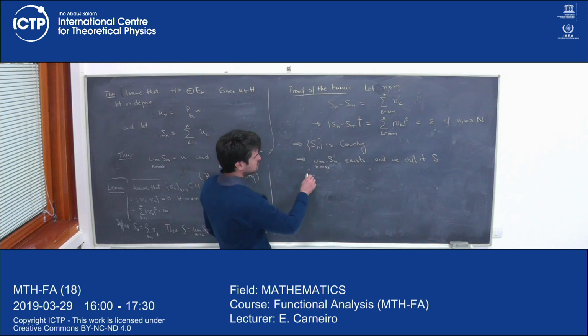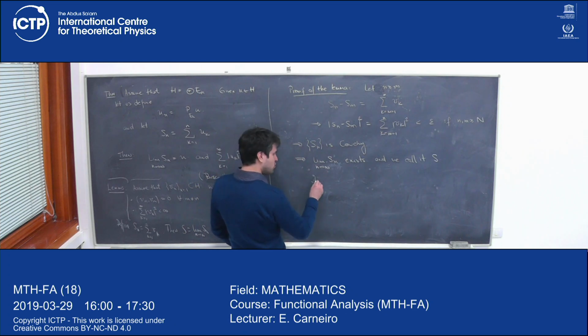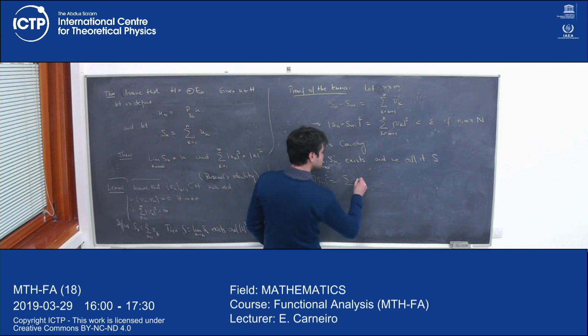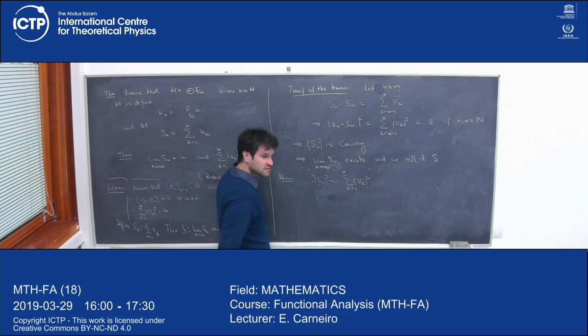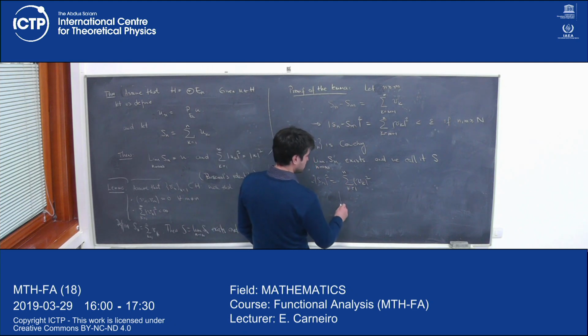Now it's no big deal. The norm of Sn, now, observe that the norm of Sn squared is just the sum of Vk squared from k equals 1 to n. And then you pass the limit as n goes to infinity.